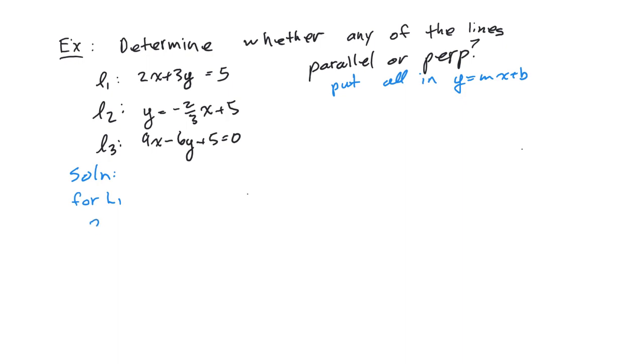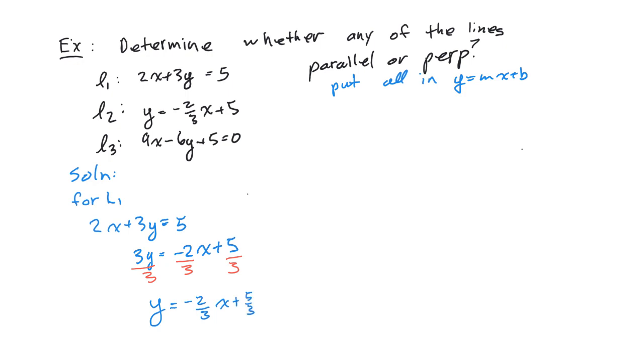For line 1, we start with 2x plus 3y equals 5. Now we take the 2x and move it to the other side. So we get 3y equals negative 2x plus 5. Then we divide all the terms by 3, and we're left with y is equal to negative 2 over 3x plus 5 over 3.